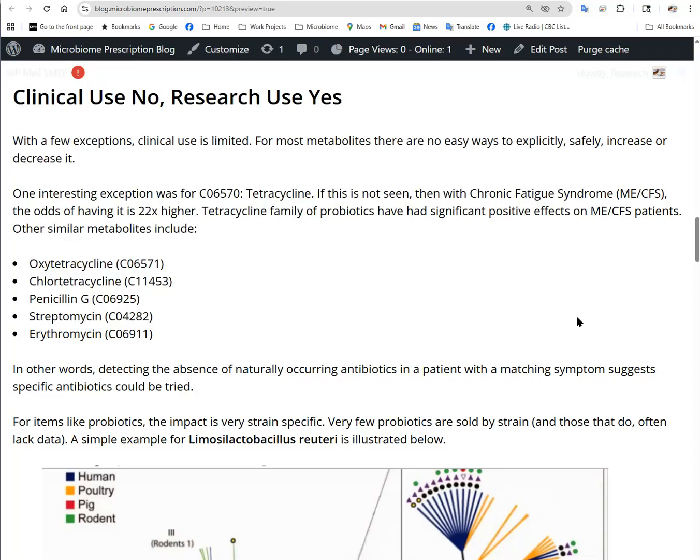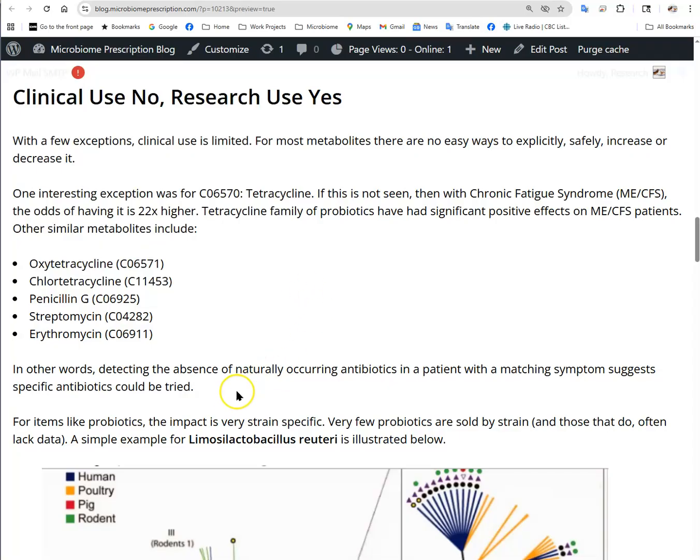So, a simple example which I gave earlier is tetracycline, and we see that with tetracycline, if you have none of it being produced as a metabolite, your odds jump significantly. And we saw that for several other natural antibiotics. If you're missing it, your odds of having chronic fatigue syndrome go up.